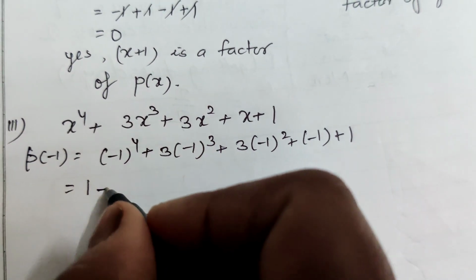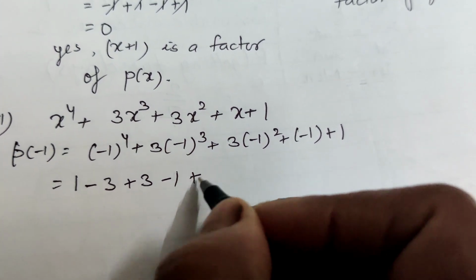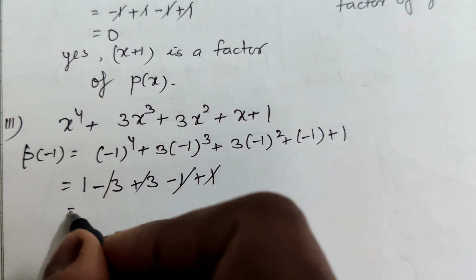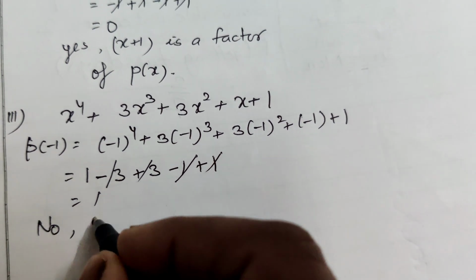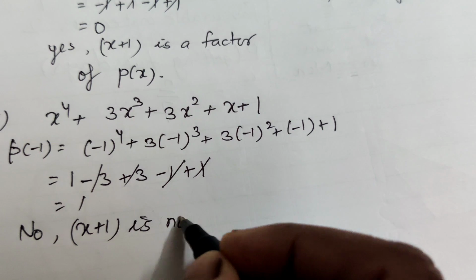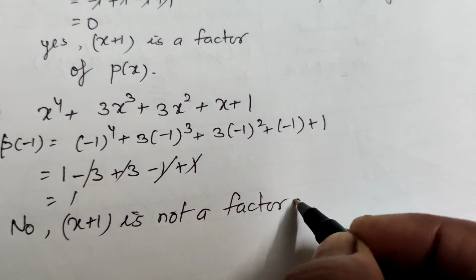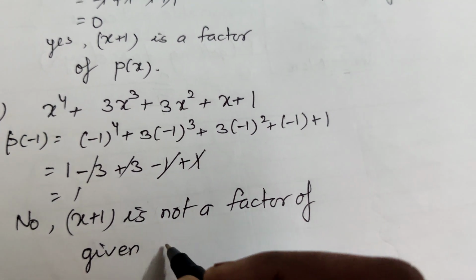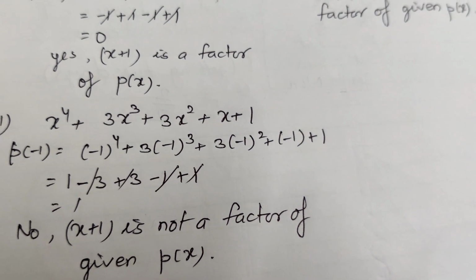Minus 1 into 3 minus 3 plus 3 minus 1 plus 1. Answer is 1. Therefore, no, x plus 1 is not a factor of the given polynomial. Okay, fourth one.